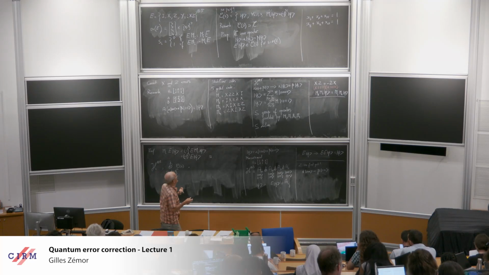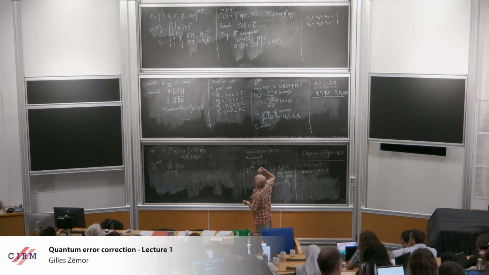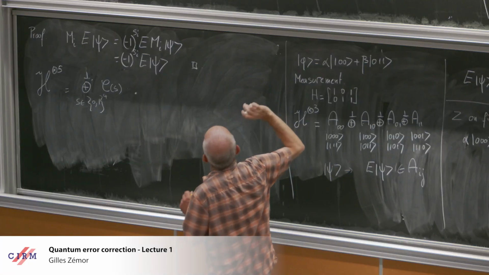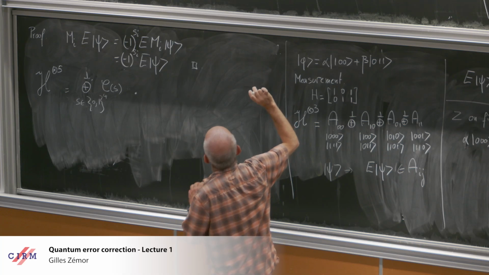In the case of the 5-qubit code, there is exactly a one-to-one correspondence. Maybe I will go back to this at the start of next lecture to give slightly more detail.